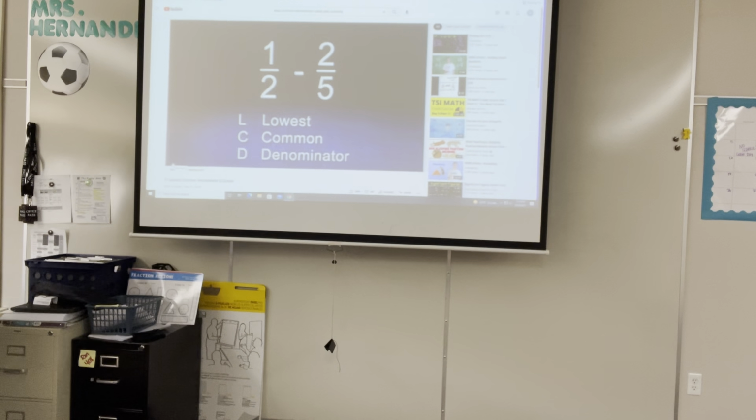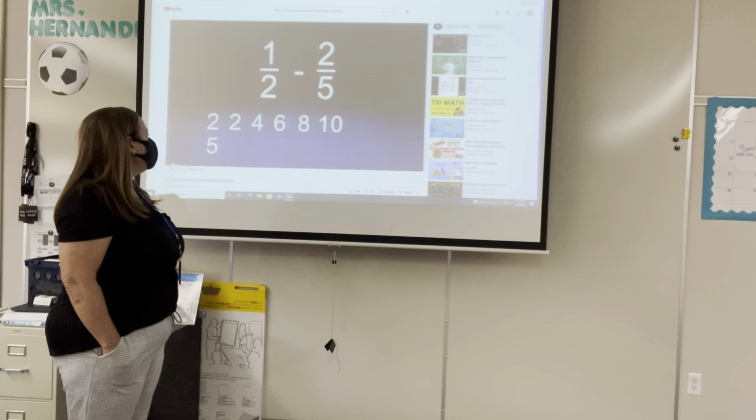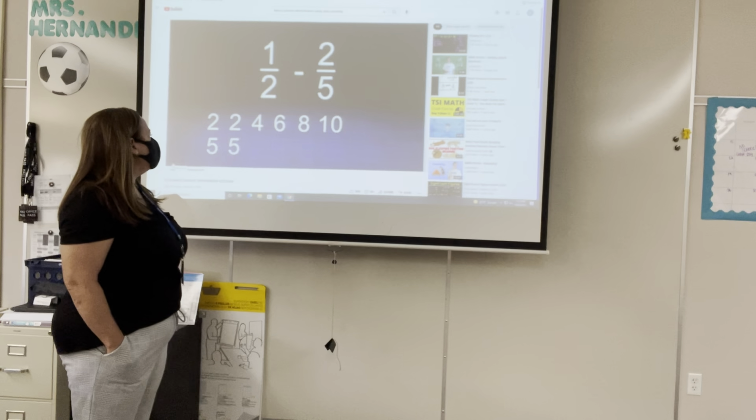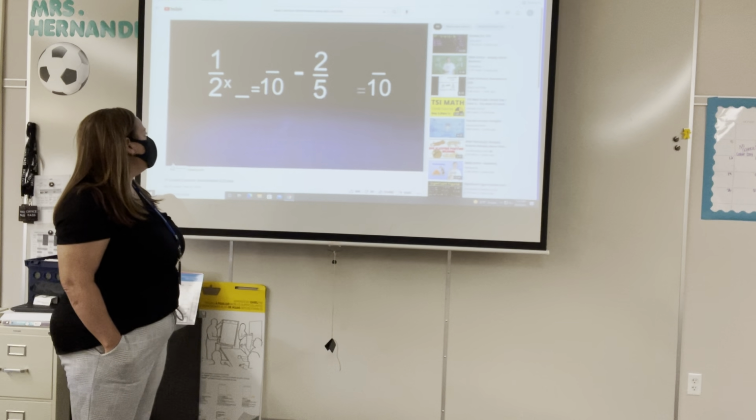For the LCD for short. The multiples of 2 are 2, 4, 6, 8, and 10. The multiples of 5 are 5 and 10. The LCD is 10. Change 1/2 into a fraction with a 10 as a denominator. 2 times what will give you 10? 5. Multiply both the denominator and the numerator by 5 to get 5 tenths.